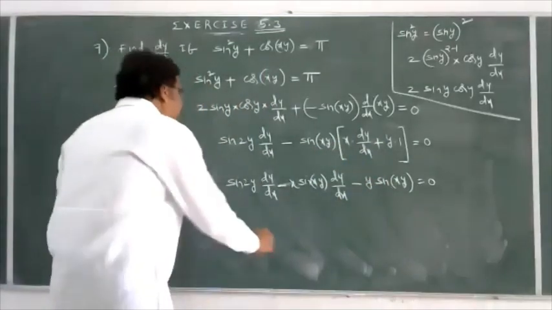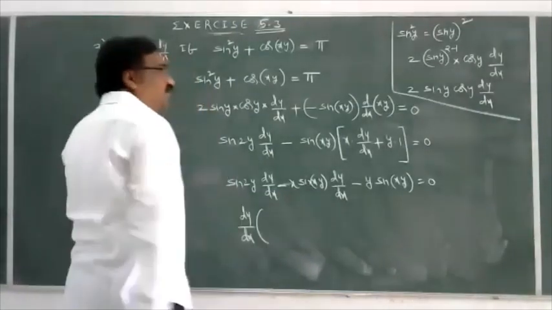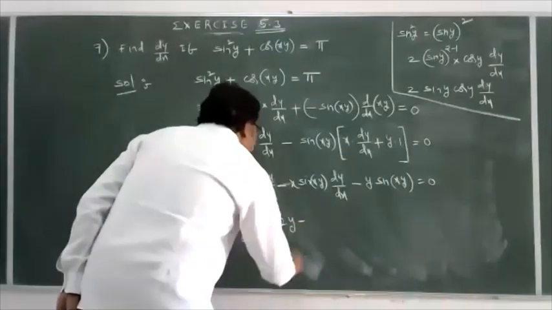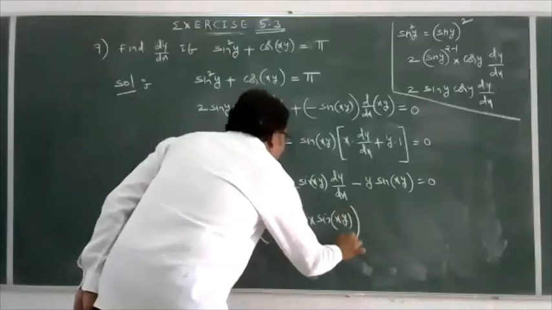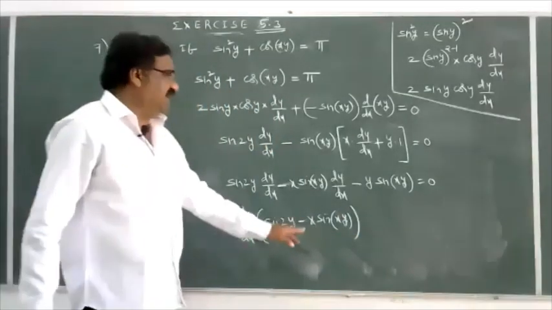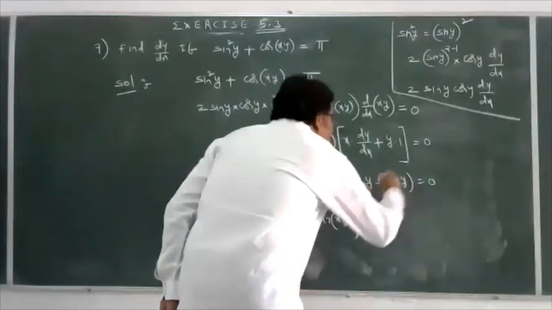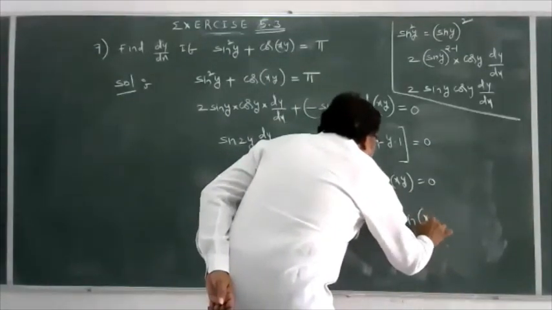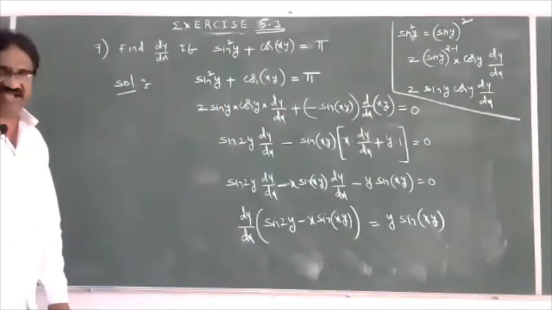Here you take dy by dx common. So dy by dx into sin 2y minus x into sin of xy. You bring this term to the RH side, that is y into sin of xy.